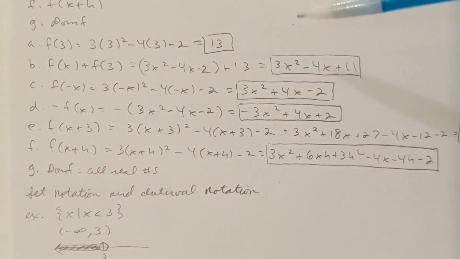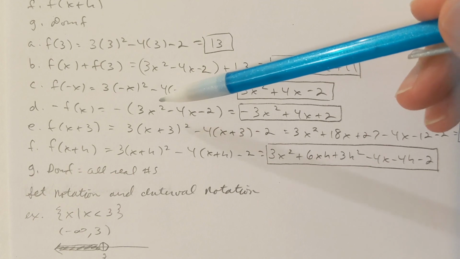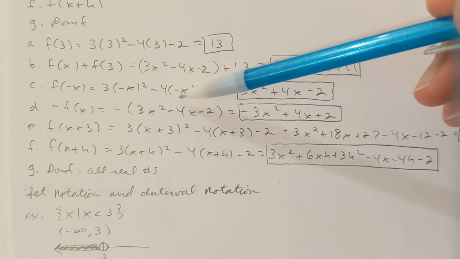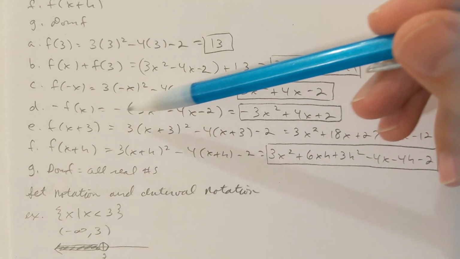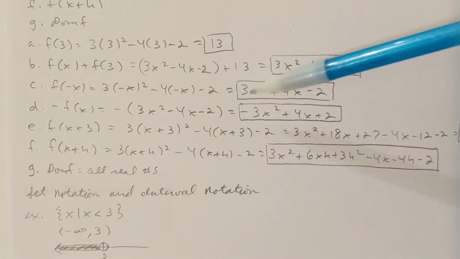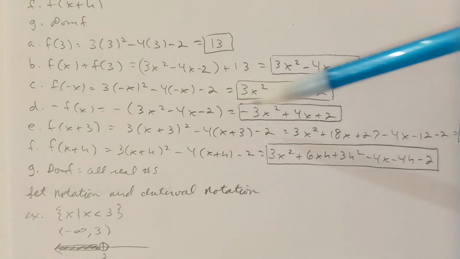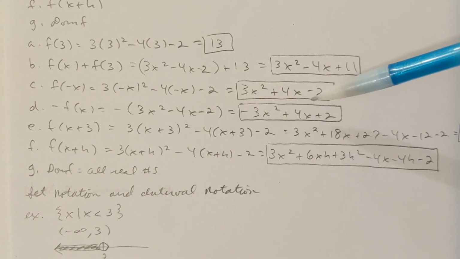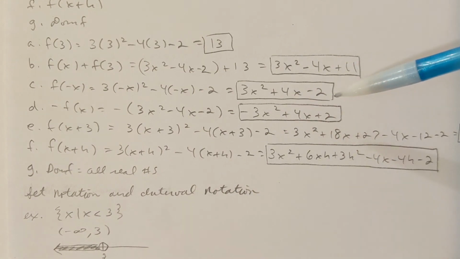Negative f of x means I want negative the whole thing. Negative the function, 3x squared minus 4x minus 2. I've got parentheses around that, and the negative in front, and so therefore I'm going to distribute the negative into the 3 terms there. Negative 3x squared plus 4x plus 2.